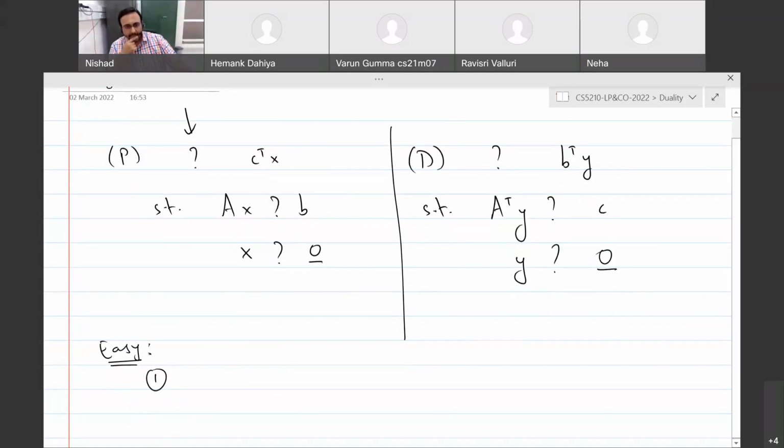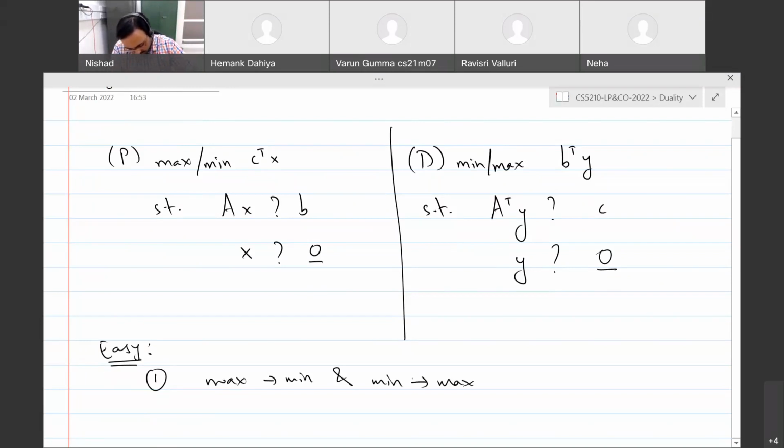Opposite of the opposite. Okay, good. So let's just put that down. If this is a maximization problem, then the dual is going to be a minimization problem. And if this is minimization, then the dual will be a maximization problem. Max becomes min, and min becomes max. In fact, I'll put arrows in both directions.